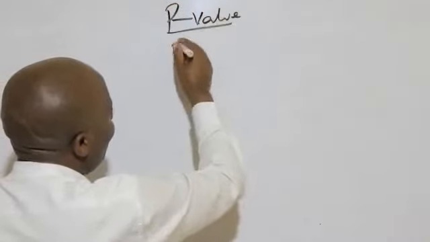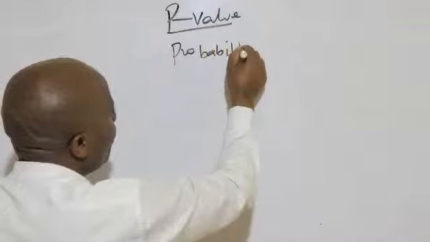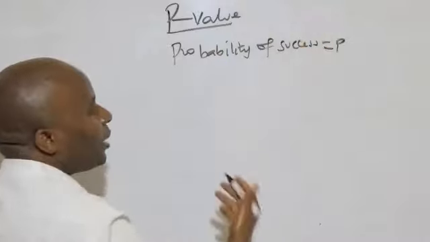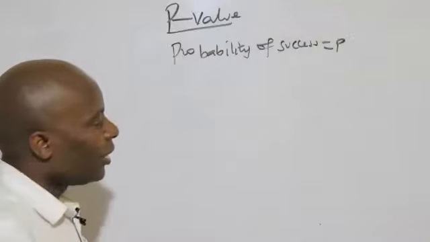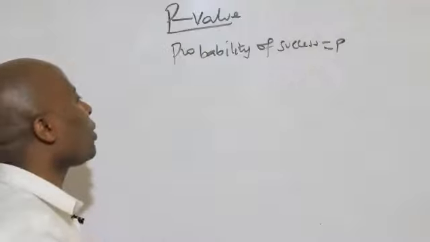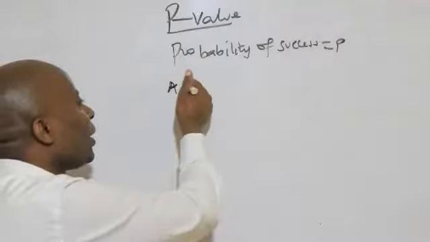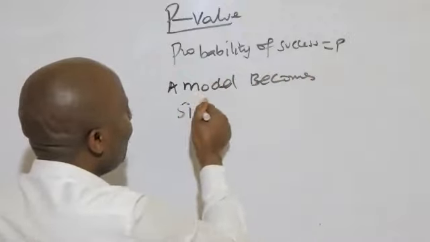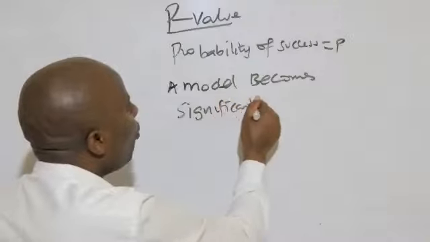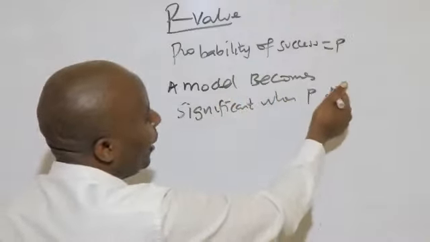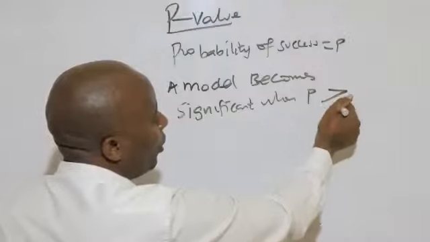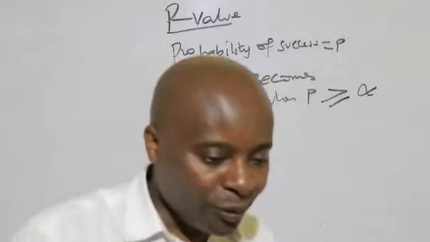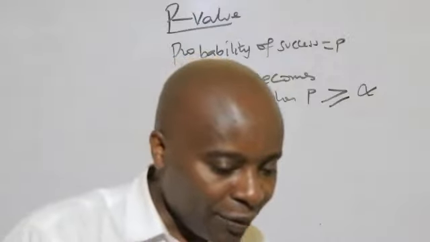P-value, this is the probability of success. Probability of success is our P. And this is very easy to interpret, because for us to say that a model is significant, a model becomes significant when P is greater or equal to the level of significance.